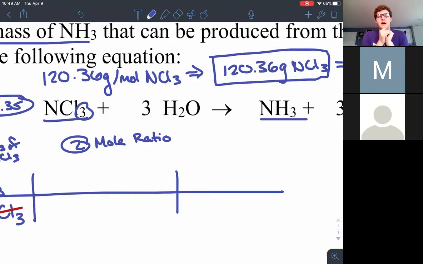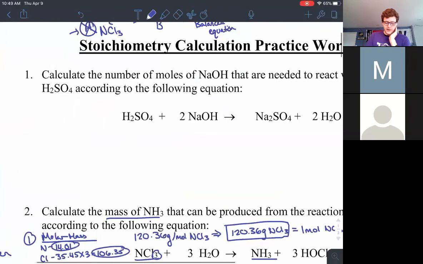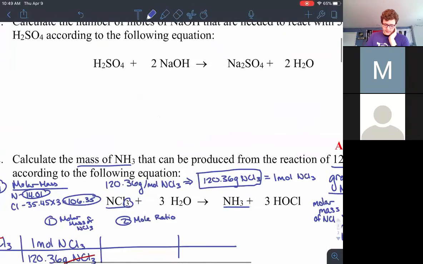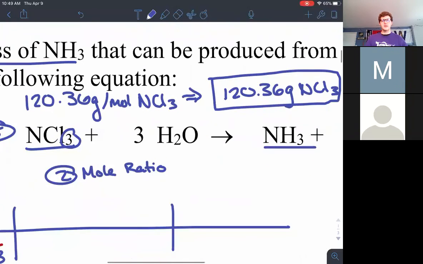So now, our mole ratio, where do we find the number of moles? Careful, remember the mole ratio doesn't come from the periodic table. It comes from those numbers in front, right? So how many moles of NCl3 do you need to start with to make this reaction happen?